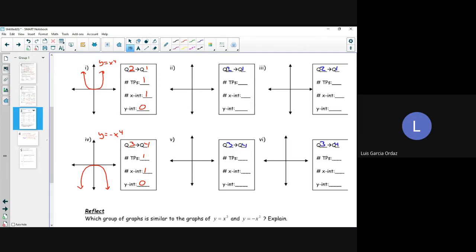Now, this is where the number of x-intercepts differ. So I'm going to show you 2 of them that have different amounts of x-intercepts based off the graph. So how many turning points would this equation have?